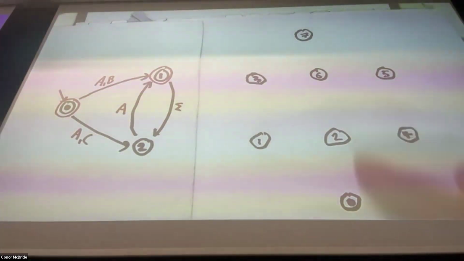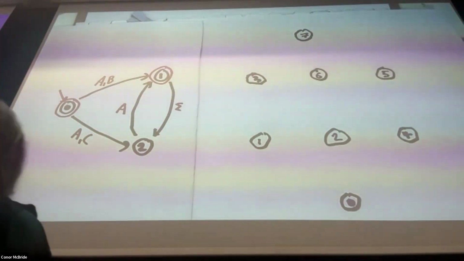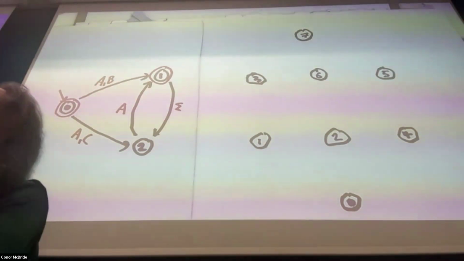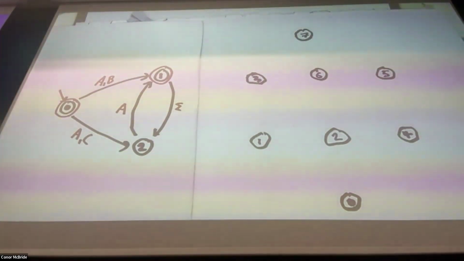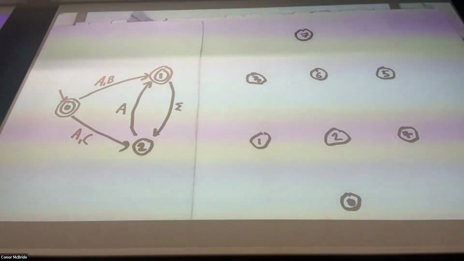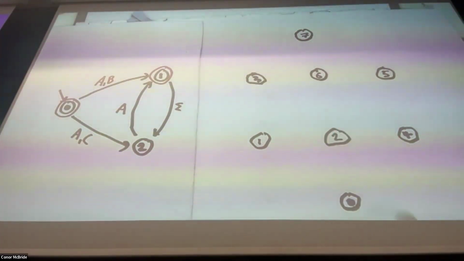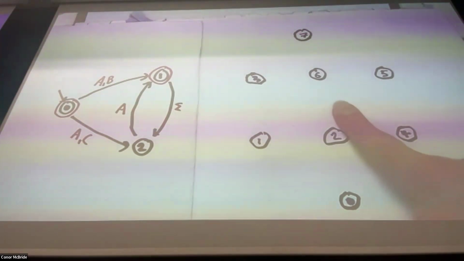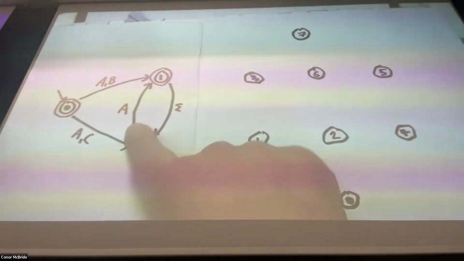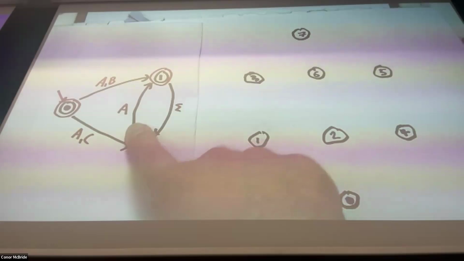If you think about these numbers from 0 to 7 in binary, they're all 3-bit numbers. That's to say, there's a bit worth 2 to the 0, a bit worth 2 to the 1, and a bit worth 2 to the 2. So we can map between the states in this automaton and sets of states in this automaton.